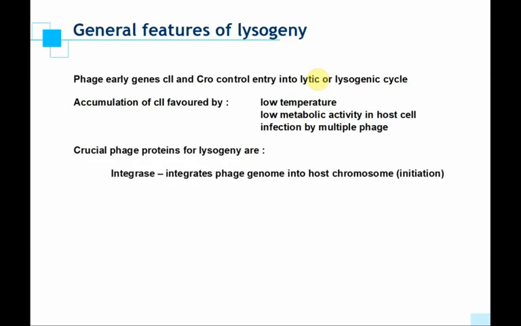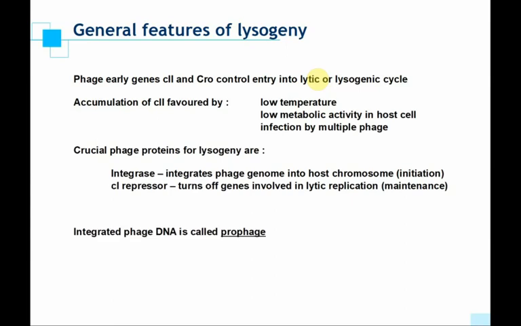If you've got excess of C2, then the phage will start to express the integrase. This initiates lysogeny, and then it will also express the C1 repressor. This is what prevents the expression of the genes involved in the lytic cycle, so it maintains lysogeny as a stable state.